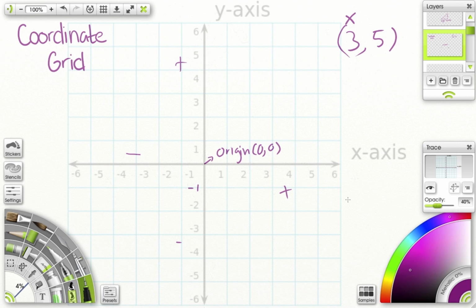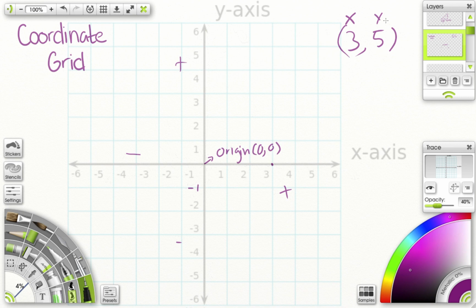So how you plot a point is you start at your origin, (0, 0), and I have positive 3 because there's no negative sign in front of that 3, so I know it's a positive number. And I go 3 spaces to the right. So I go 1, 2, 3. So right now I'm here. Next is my y number, which is positive 5.